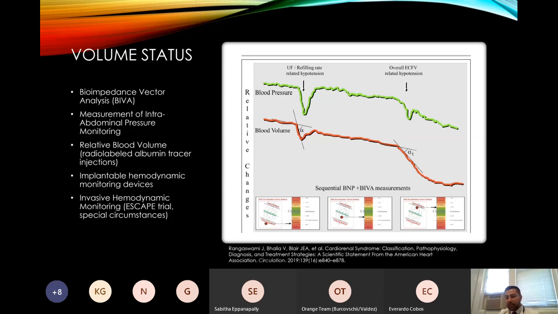Nevertheless, PA catheterization can still be warranted in patients with cardiorenal syndrome who are difficult to treat, where you're aiming to identify and treat subclinical congestion while trying to avoid intravascular underfilling and modulating hemodynamics to improve dual organ function.